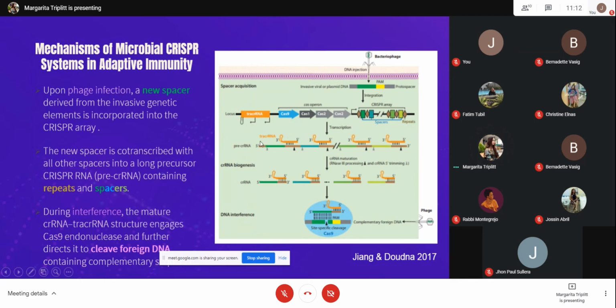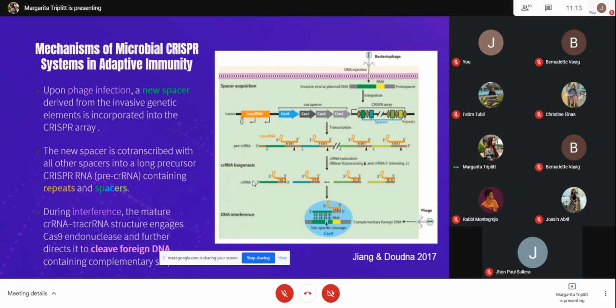Now, after acquiring the viral genome, the next step would be expression of the Cas genes and producing those RNA for DNA interference.